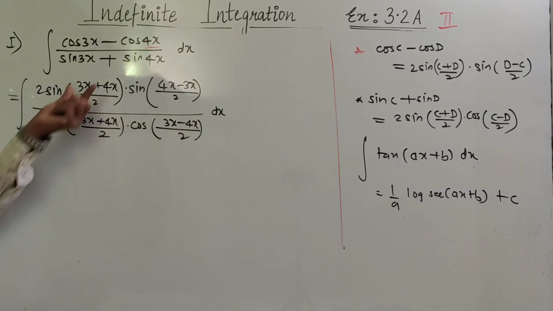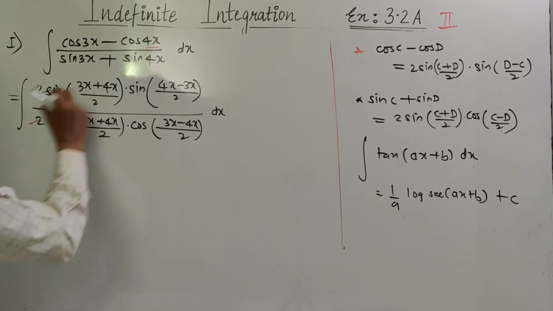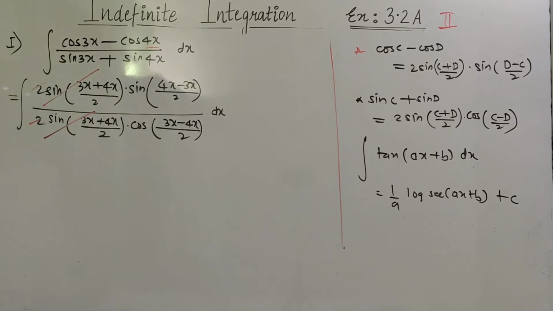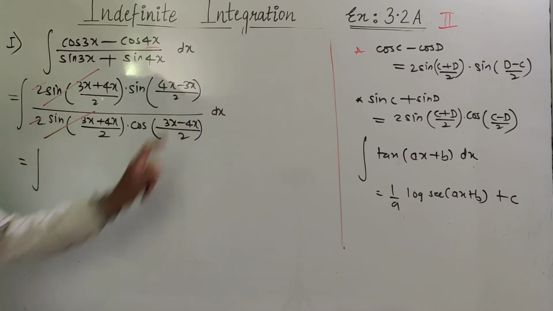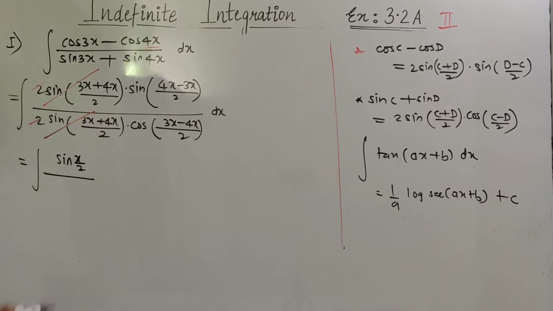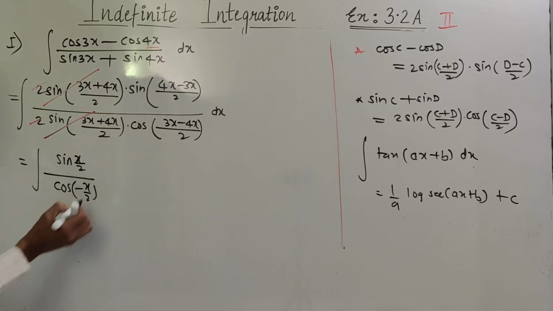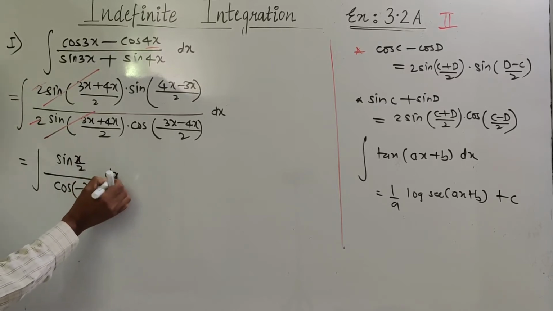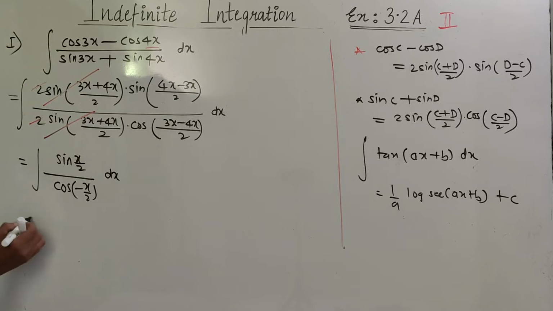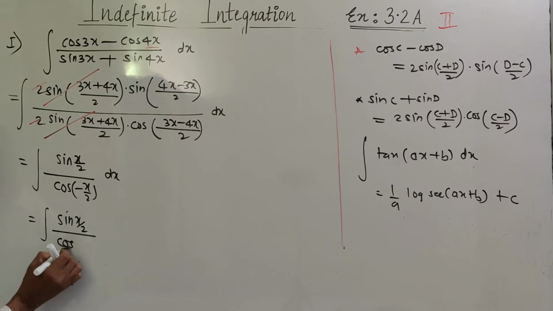Clearly the 7x upon 2 sin terms cancel, and what is left is the integral of sin of x upon 2 over cos of minus x upon 2. But cos of minus x upon 2 will be cos only, because cos of minus theta is cos theta. So this is the integral of sin x by 2 upon cos x by 2 dx.